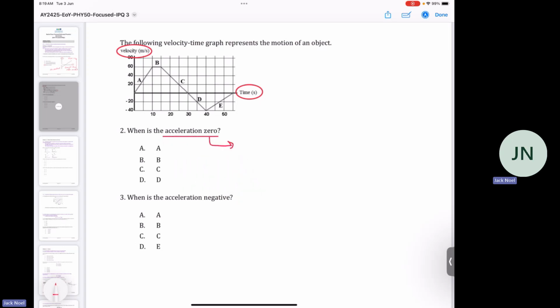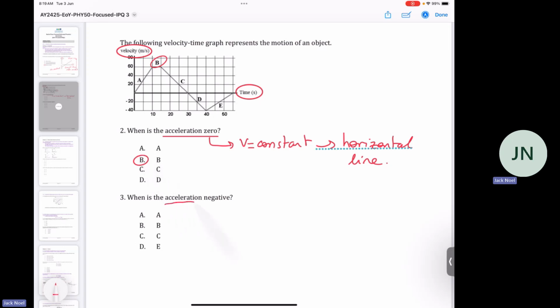Acceleration zero means that we have a constant velocity, and constant velocity means that the velocity versus time graph is a horizontal straight line. This horizontal straight line is only at B. So the answer that we pick is B.